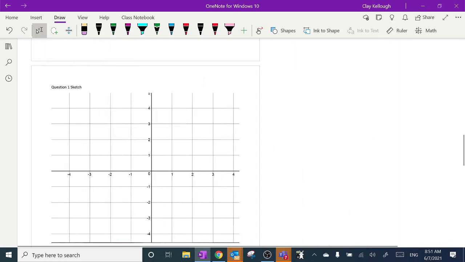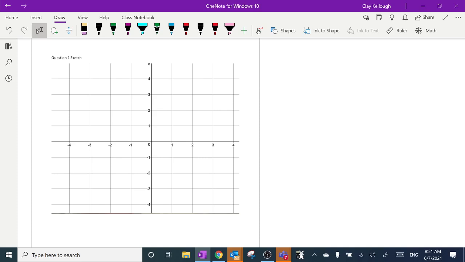So what do we know about this thing? Well, we know we have our one and only local maximum at 0, 0. We know that we have vertical asymptotes here and here at plus or minus 1. We know we have a horizontal asymptote at 2.